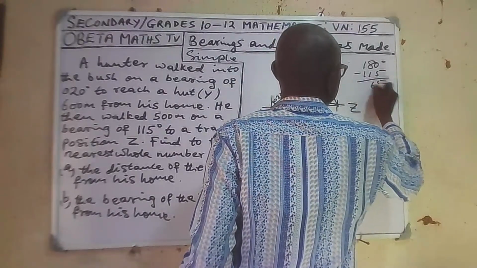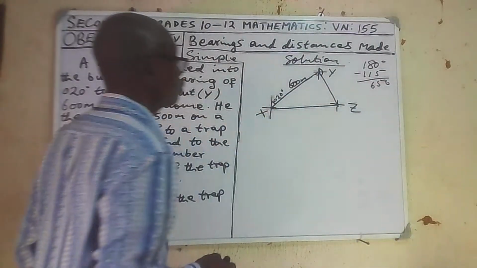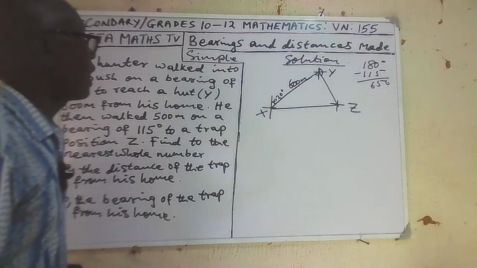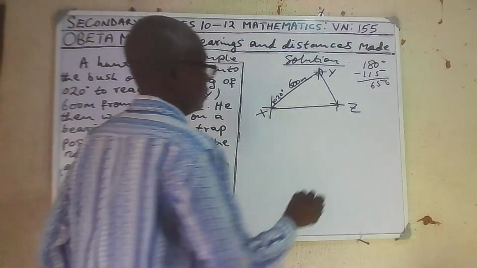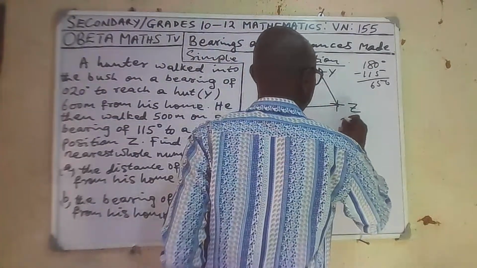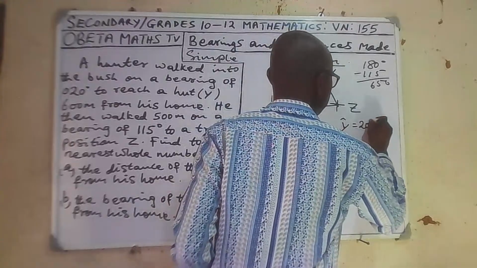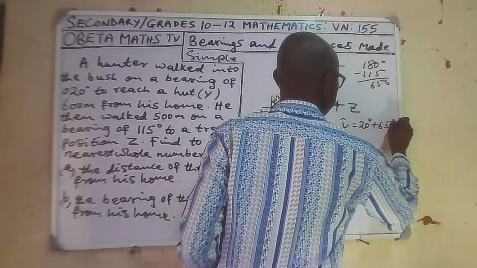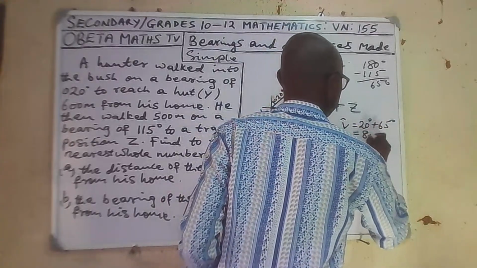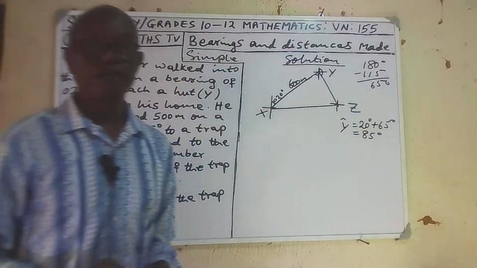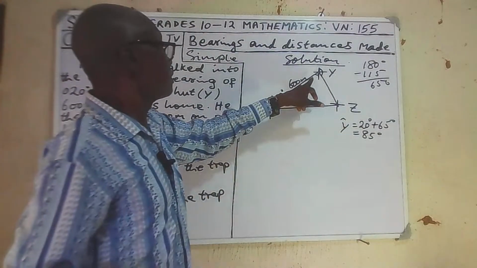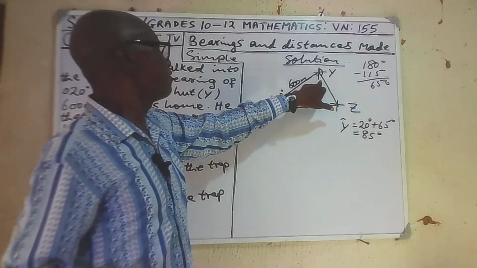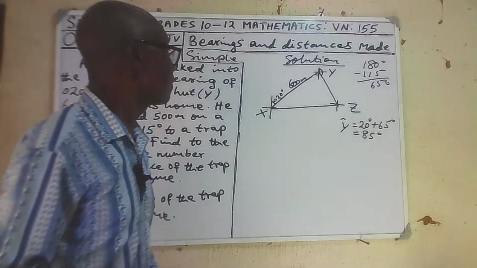So we have to find angle Y. Angle Y is equal to 20 degrees plus 65 degrees, which is 85 degrees.